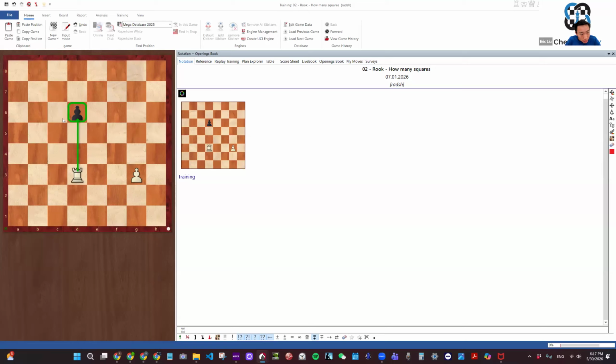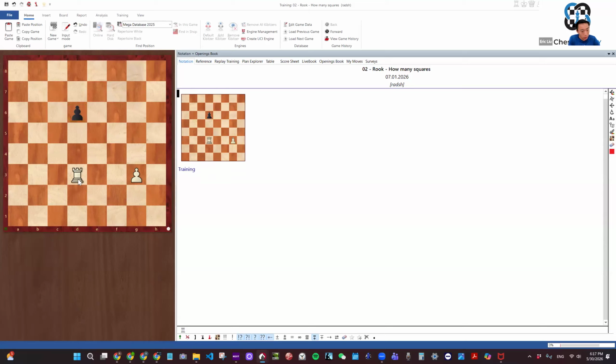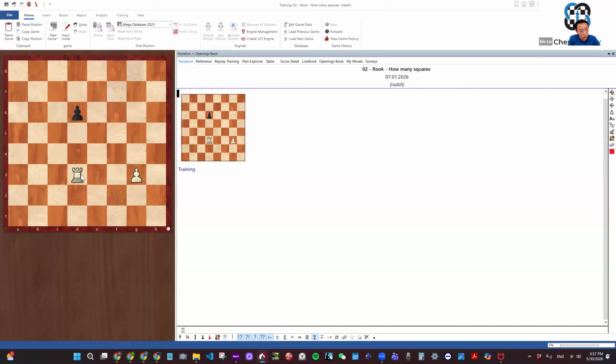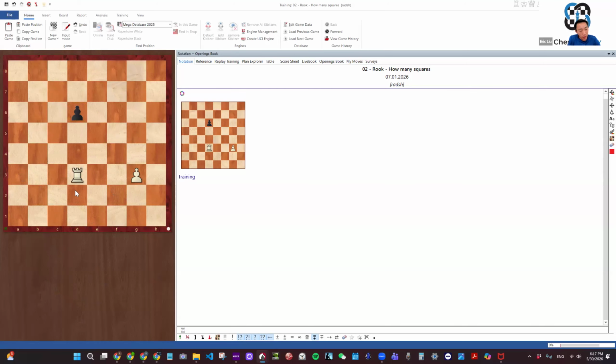So the rook is able to capture the black pawn because it's your opponent's pawn. So that's 3 squares, and then it could also move down 1, down 2, and sideways, sideways, sideways, sideways.